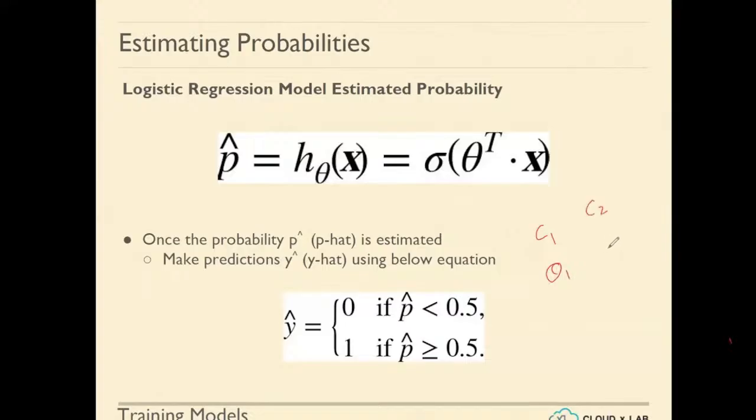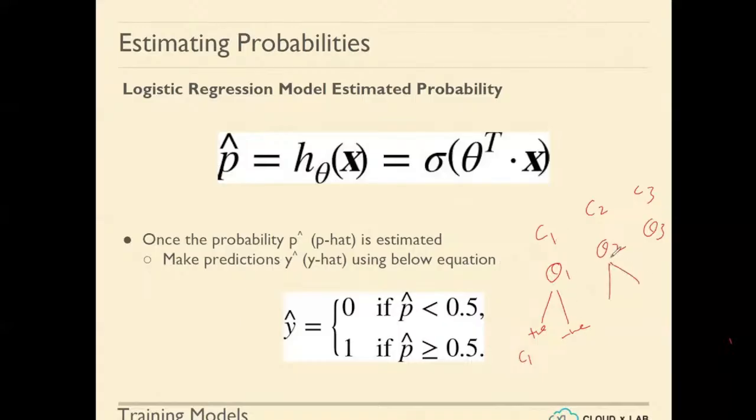For class 2, you will train another binary classifier, theta 2. For class 3, you will train another binary classifier, theta 3. Now, what will this theta 1 do? Theta 1 will predict whether the input belongs to the C1 class or not, right? Positive means the input belongs to the C1 class. Negative means the input does not belong to the C1 class.